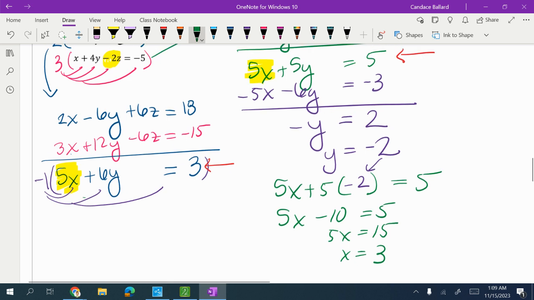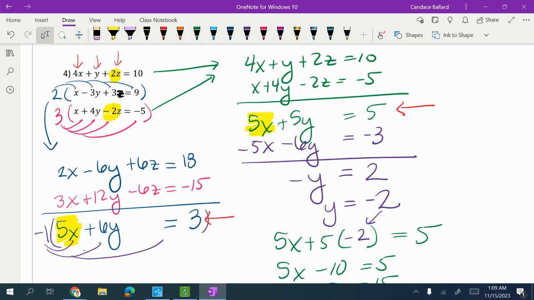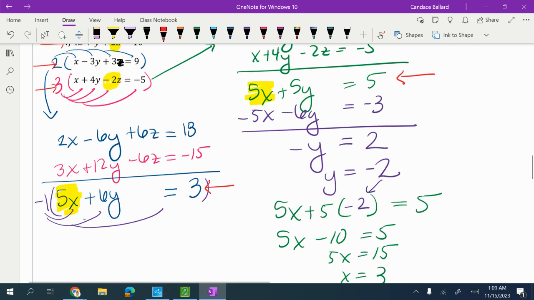I now need to get a z. To get a z, I'm going to go back to my originals and I get to pick whether I want to use the first one, the second one, or the third one. And we want to use the one without the multiplication, the parentheses around it. I am going to choose to use my third one, I think. So I'm going to pick this one here to go into.